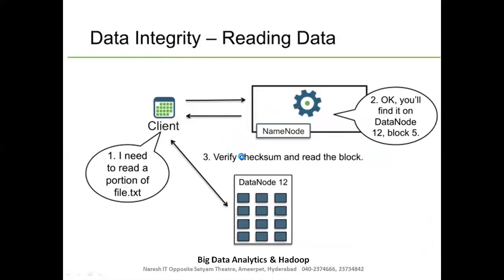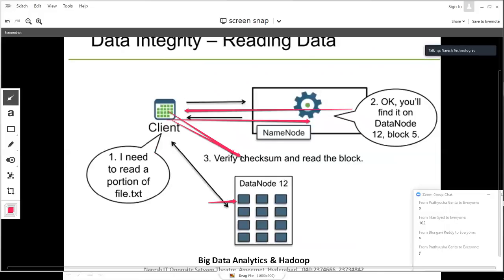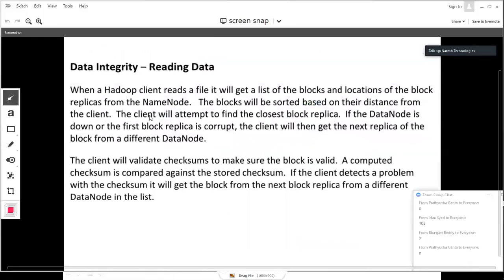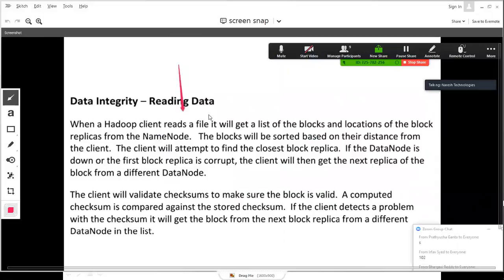To understand that, I have some explanation here. When a Hadoop client reads a file, it gets a list of the blocks and the locations of the block replicas from the name node. We discussed that. The blocks are sorted based on the distance from the client, which is an inbuilt optimization.